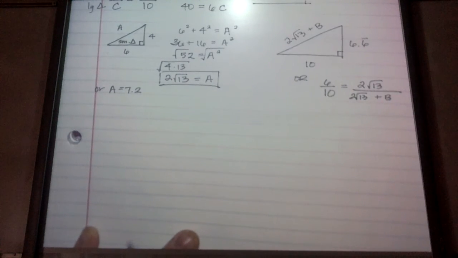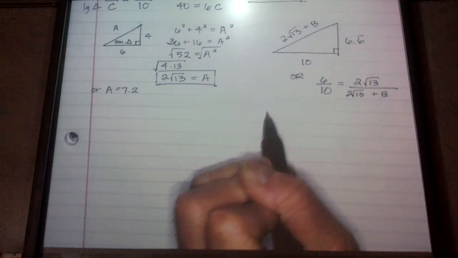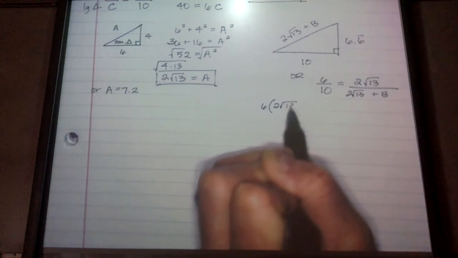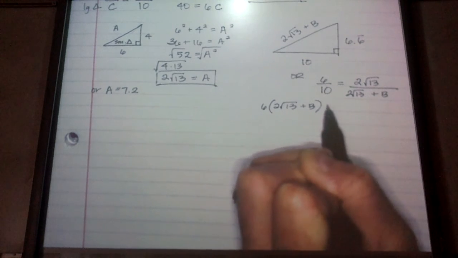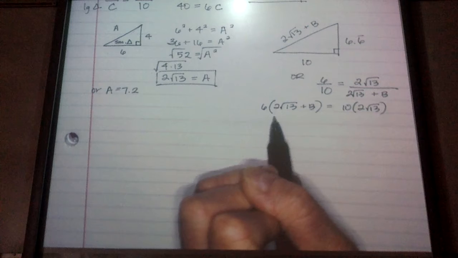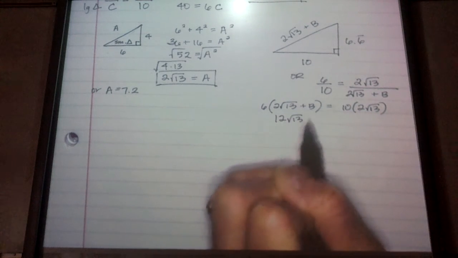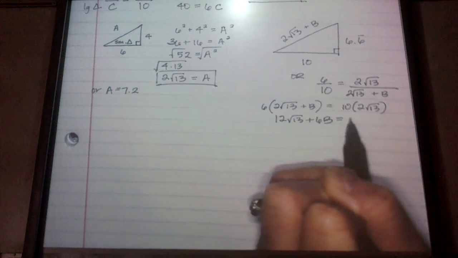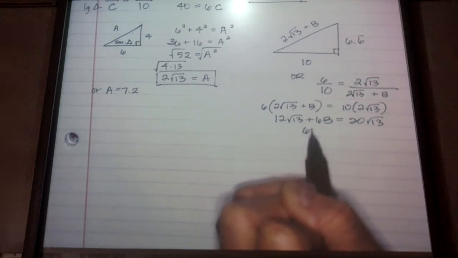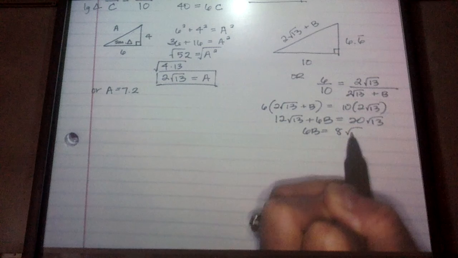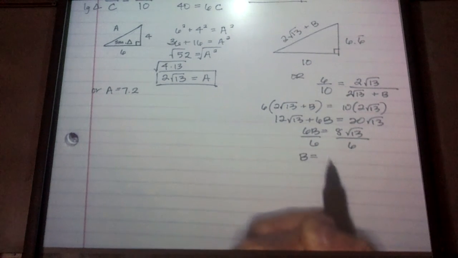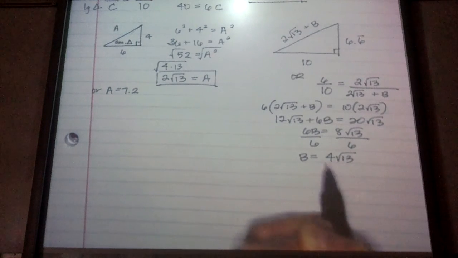And I'm going to cross multiply. So 6 times 2 root 13 plus b is equal to 10 times 2 root 13. So I have 12 root 13 plus 6b is equal to 20 root 13. I'm going to subtract, so 6b equals 8 root 13, and I'm going to divide by 6, so b equals 4 root 13 over 3.